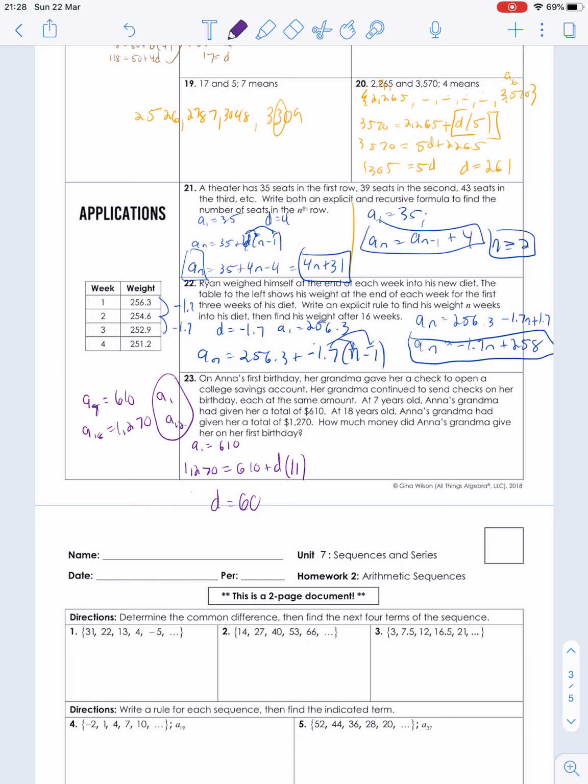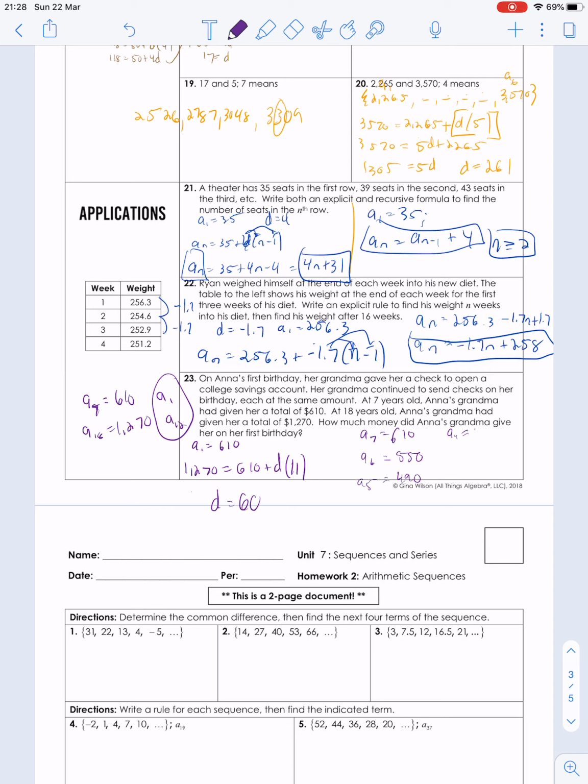Oh, that's decent. Still nice for her grandma. So we have A of 7. We know that is 610. A of 6, what's that going to be? 550. A5, 490.